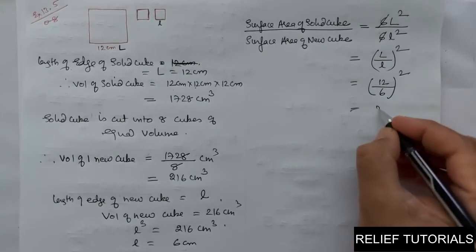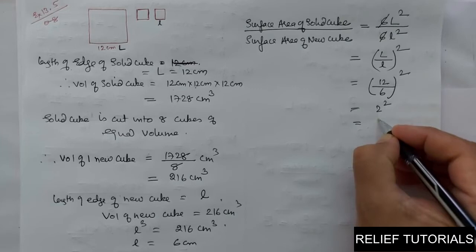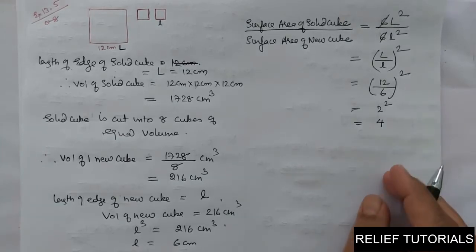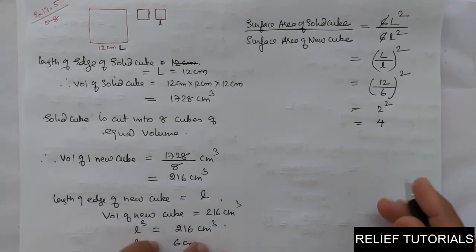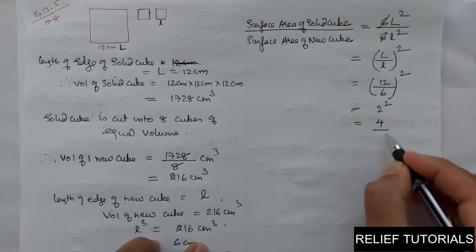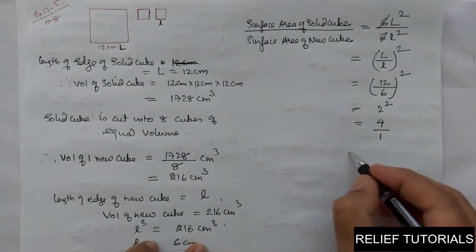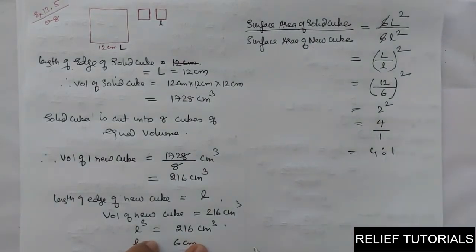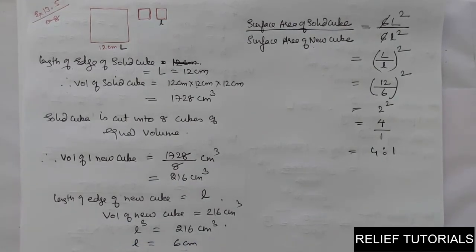So 12 upon 6 is 2, and 2 squared is 4. So we get the ratio of the solid cube upon the new cube as 4 upon 1. So the ratio is 4 is to 1. Have you got it?